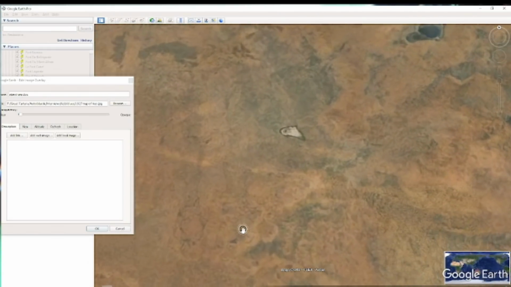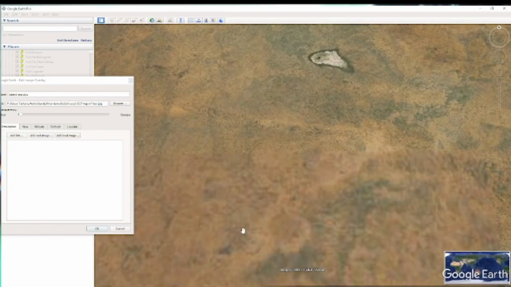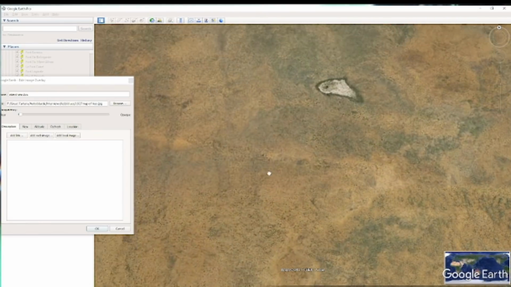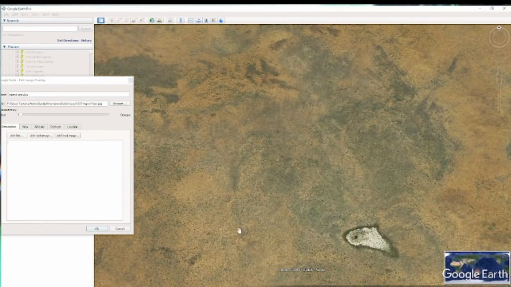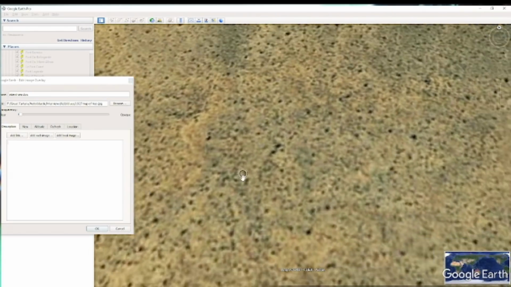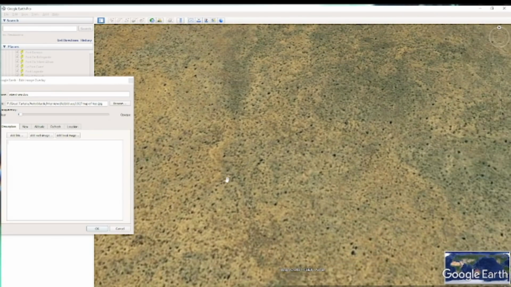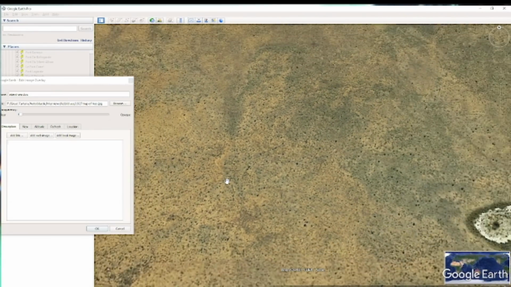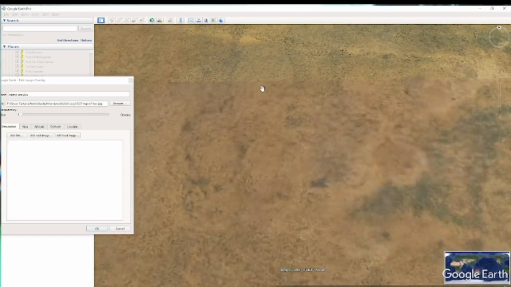Okay, and then when we come up here, that map's not a perfect match, but see up here, it's all smooth. You see that? We don't have those rivulets. Is that what they're called?